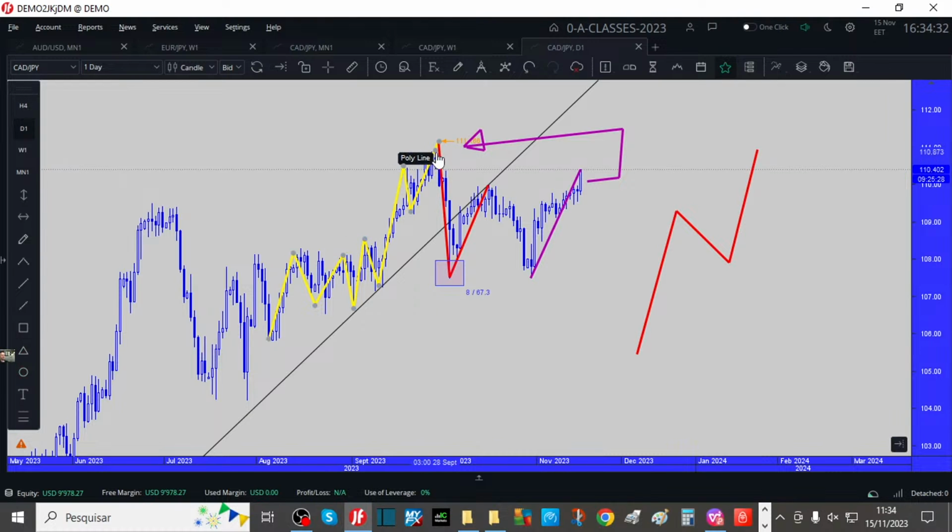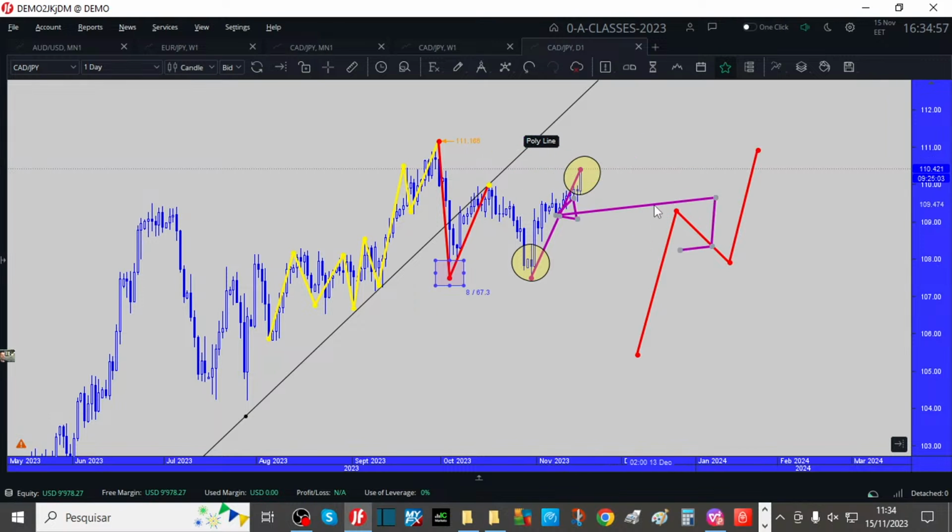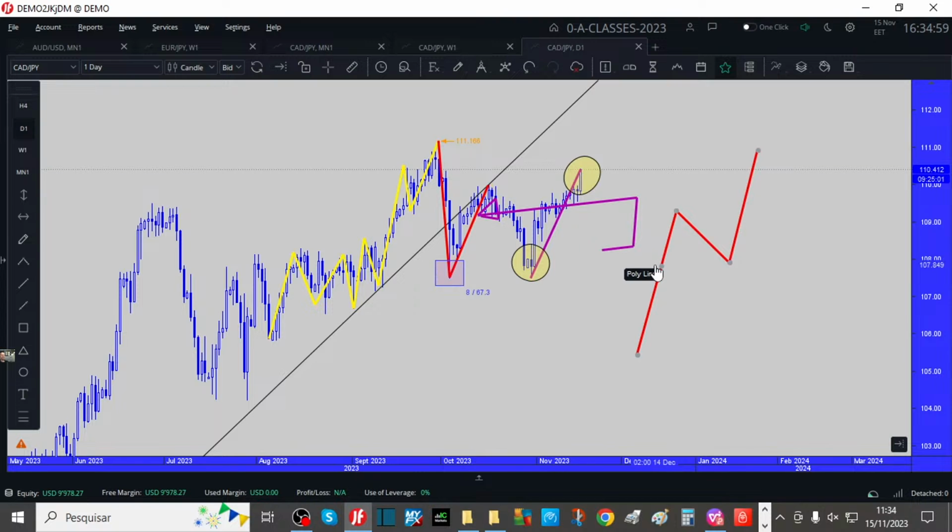And this pattern, this sequence is still valid. But then the market made a higher low, and now, compared to the red one, it's making a higher high, agreed? And now what you're looking at right now is the fight between bulls and bears.